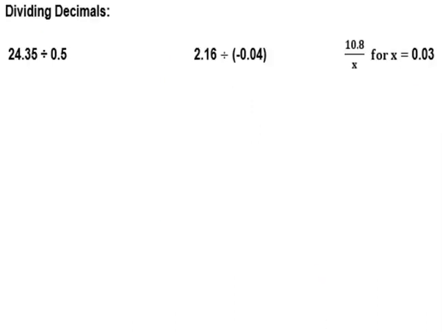So, dividing now. Dividing decimals, what we do is first number always goes inside the house, second number always goes outside the house. The biggest thing with dividing decimals, it's really not much different than dividing regular numbers.